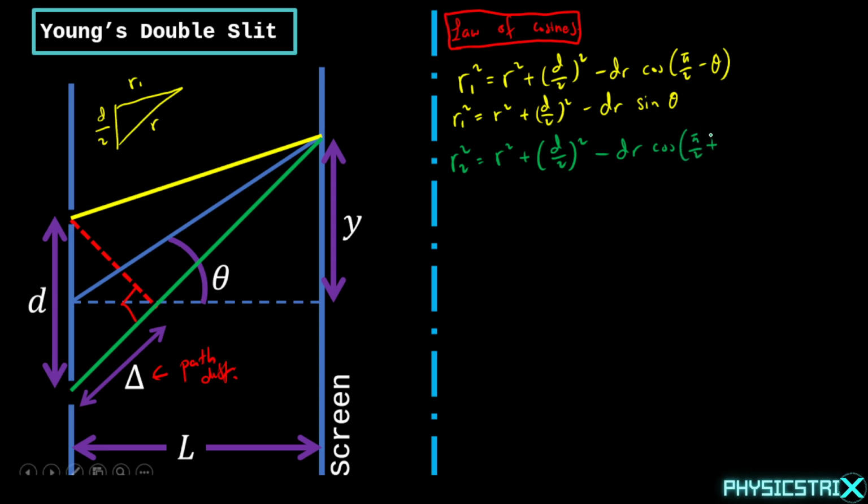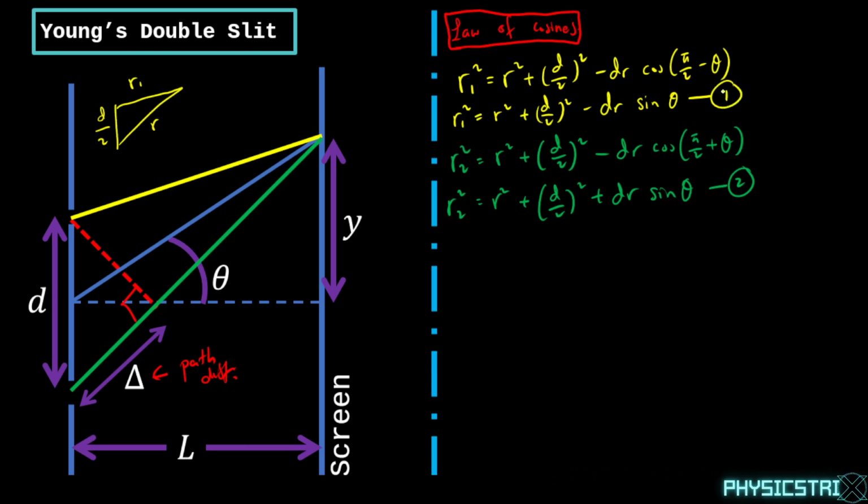This time, because it's below, I'm going to have plus theta instead. So again, I can simplify this because of the pi over 2: R2 squared equals R squared plus (d over 2) squared plus dR sine theta. I'll call this equation 2, and the first one being equation 1.